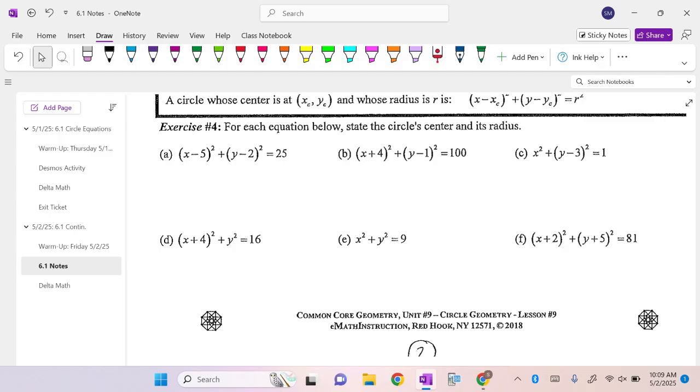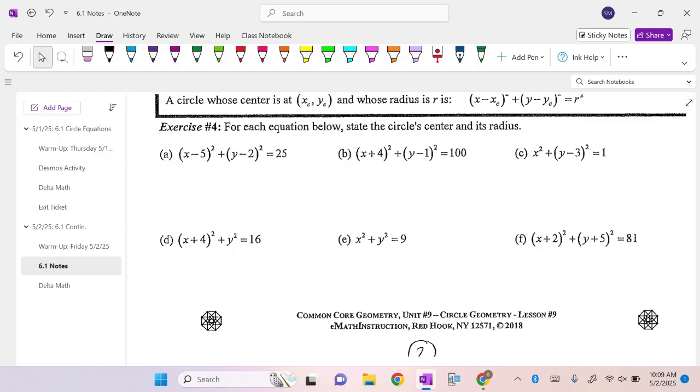If the center point, let's say the h value is negative in the equation, that means the h value of the point is what? If this h value is negative as it is right now, that means when we put it in the point, it'll be positive, because that's part of how the equation's set up. Now, if it was positive, the point will be negative.